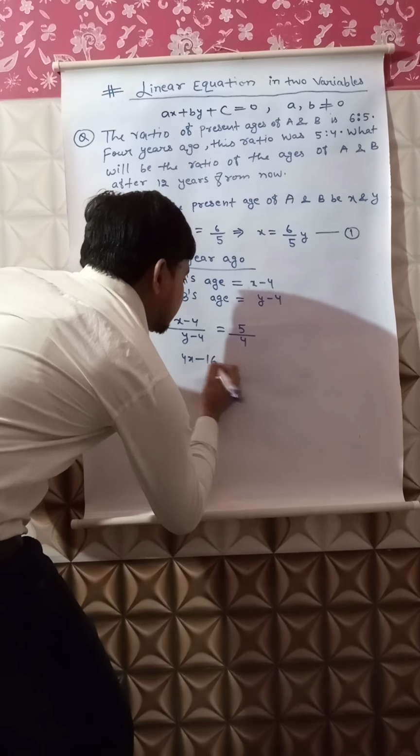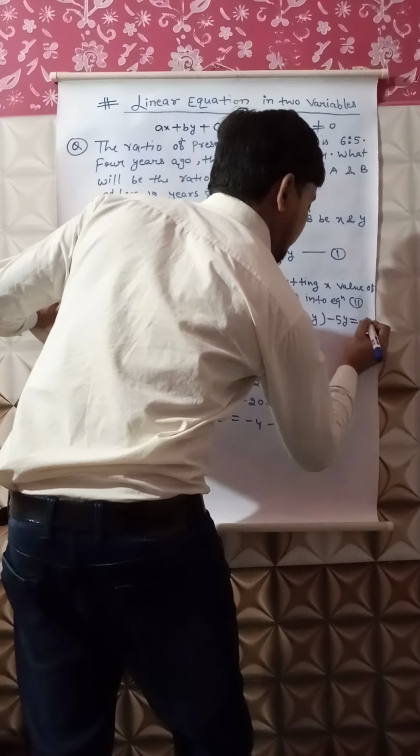So what will be 4 into 6 upon 5 y, minus 5y, is equal to minus 4.